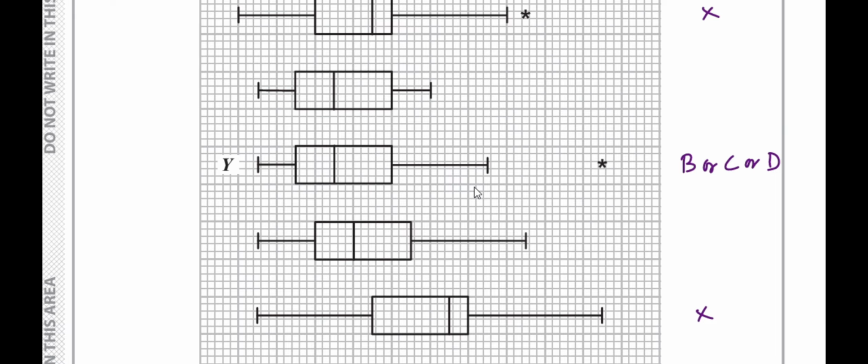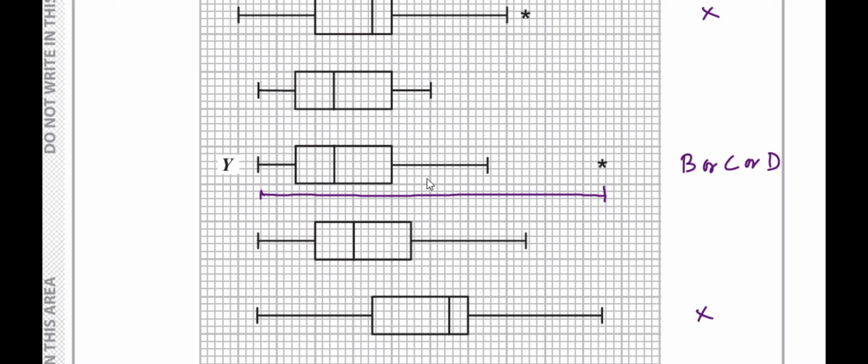So now we have 3 candidates, B or C or D, and we need to figure out which one of them. All of them have similar mean. Okay, so what differentiates Y between this and this? Y has got a bigger standard deviation. If there is a bigger range, so the range is always the lowest value to the highest value, including the outlier.